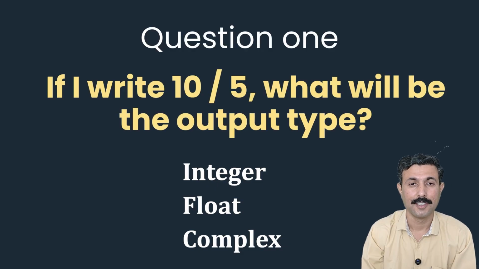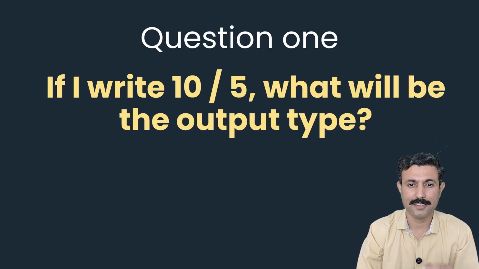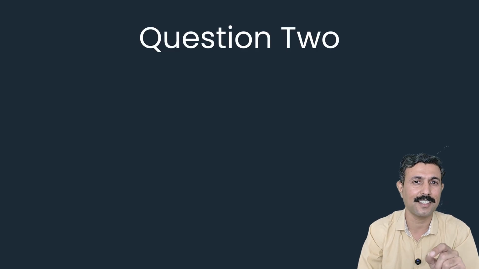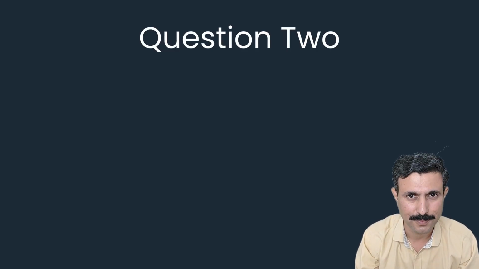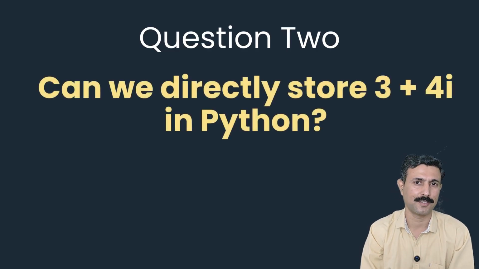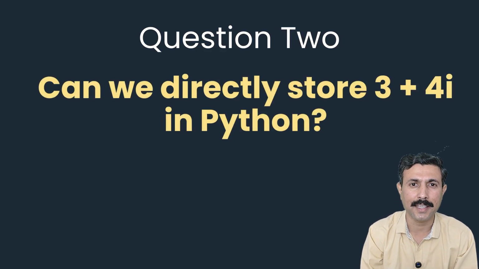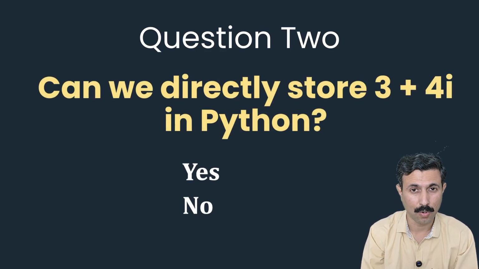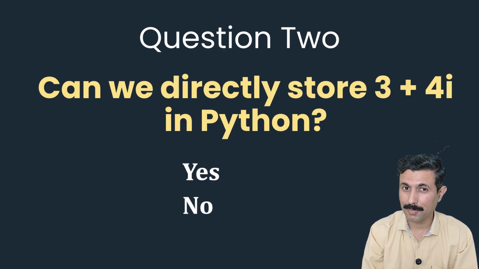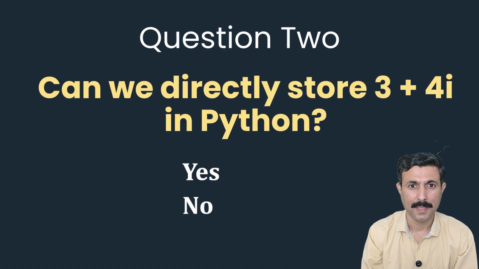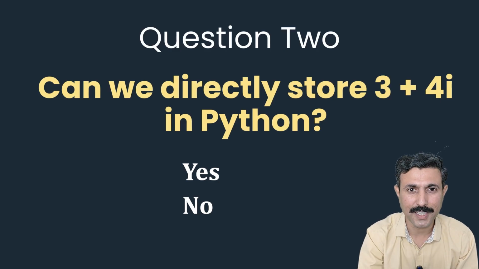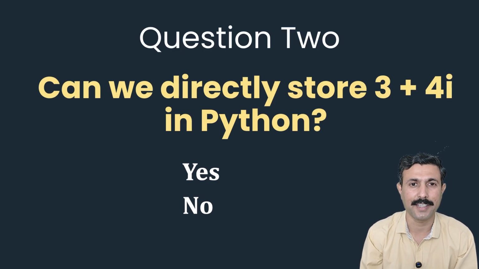After this, there is another quick question for you. Your second question is this: can we directly store 3 plus 4i in Python? Yes or no? The logic behind this we have just studied when we were studying complex numbers.